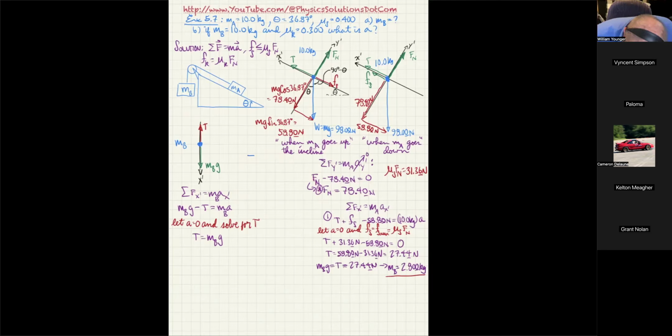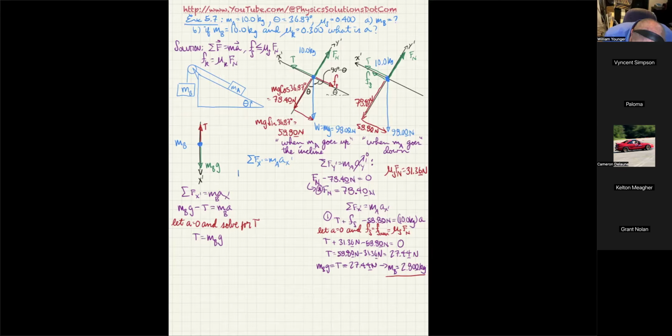So the summation of forces in the x prime direction equals mass sub A times A in the x prime direction. In this case, we've got T as the only force in the positive direction, and the friction force and the 58.80, which is the component of weight parallel to the incline, are going to be negative.